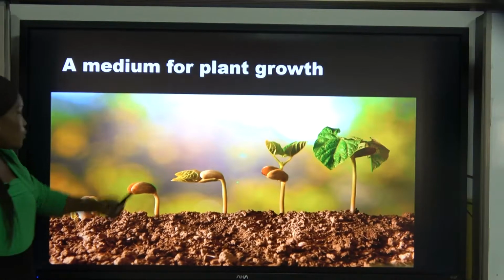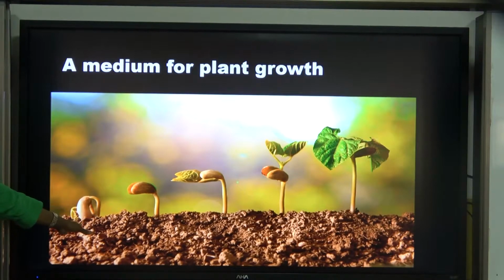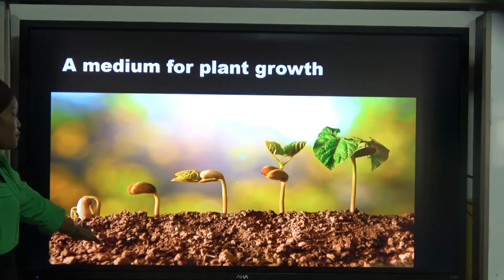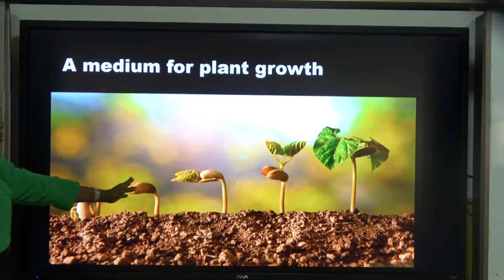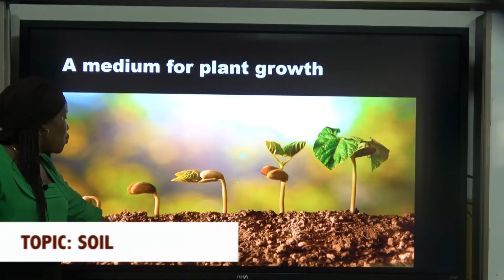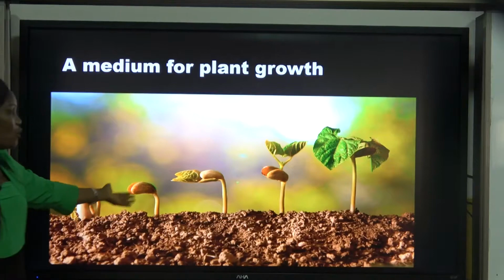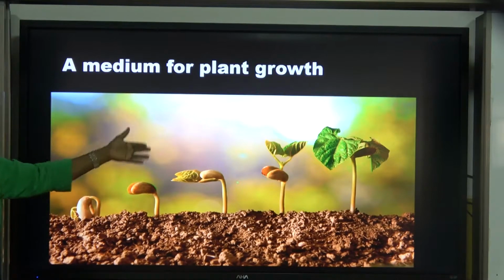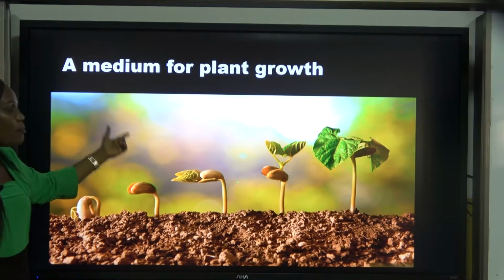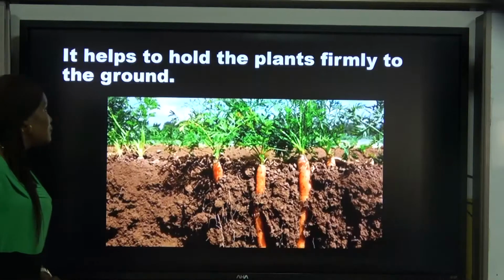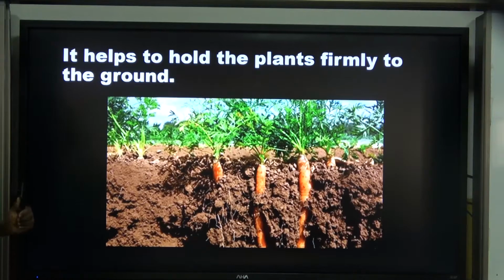After a few days, it will start growing. From day one to almost maybe a week, you will see the plant growing until it gets to maturity. It helps to hold the plant firmly.